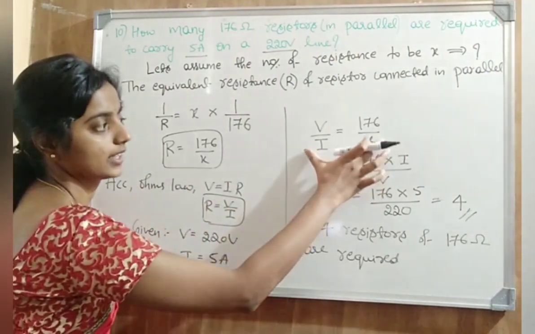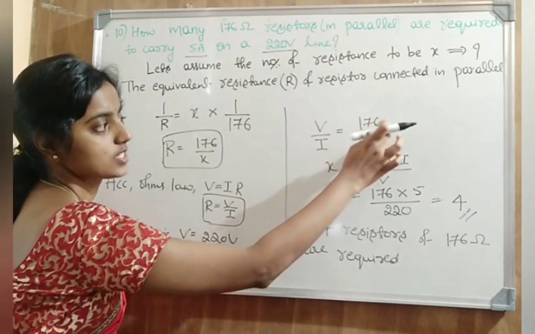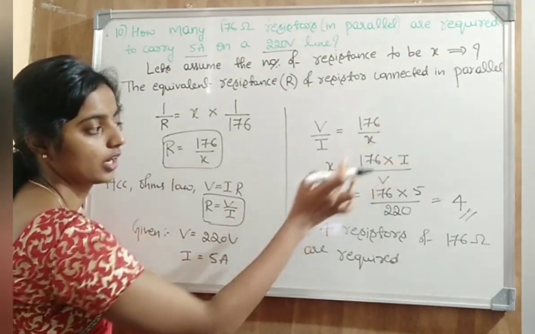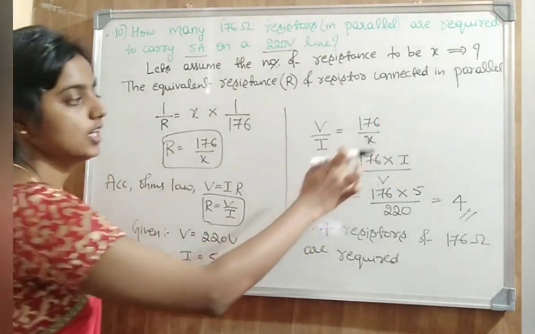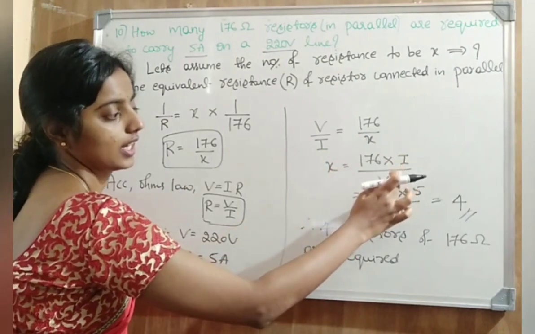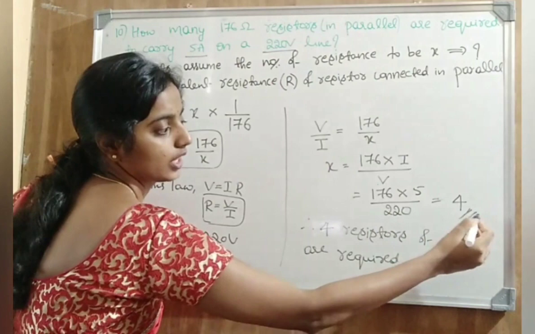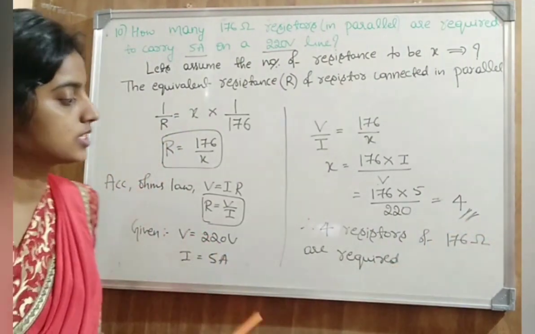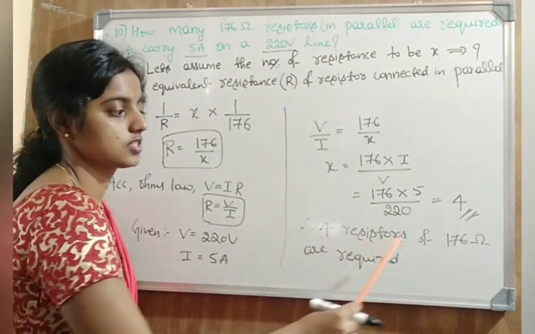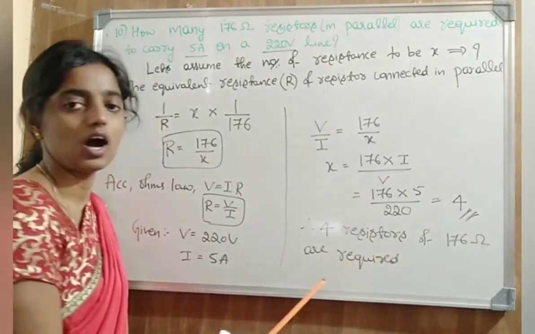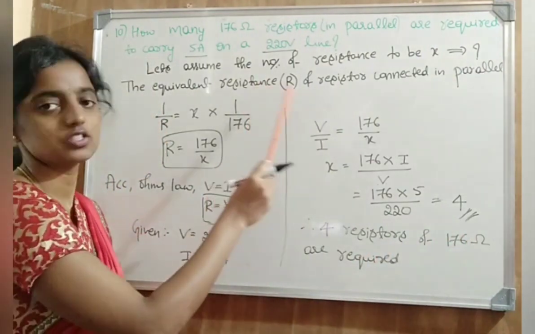We will get V by I is equal to 176 by X. Now take out this X and modify the equation. Substitute I and V values, then calculate. We will get 4 as the answer. Hence 4 resistors of 176 ohm are required to make the circuit.